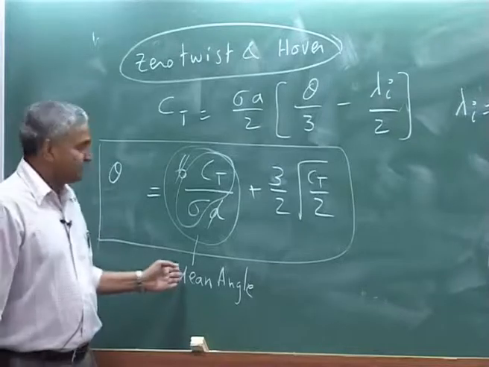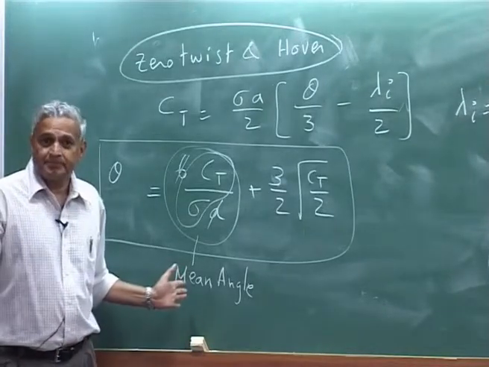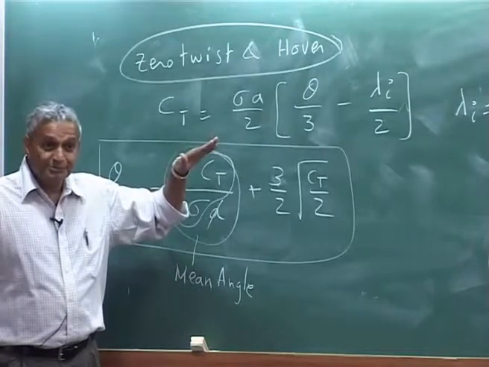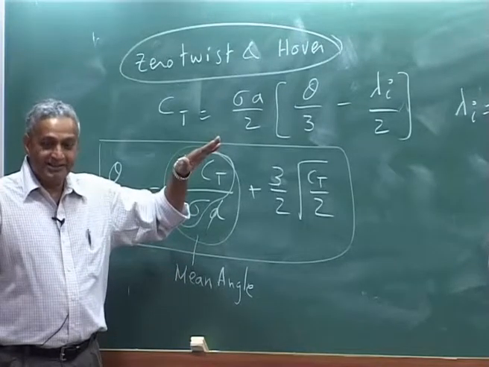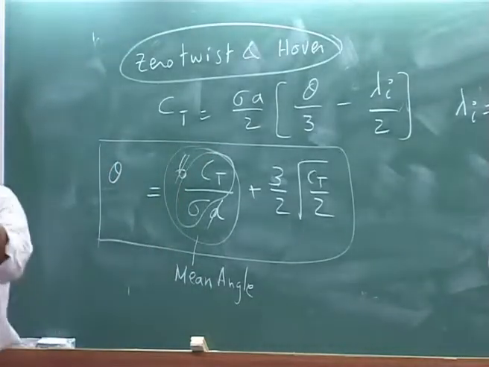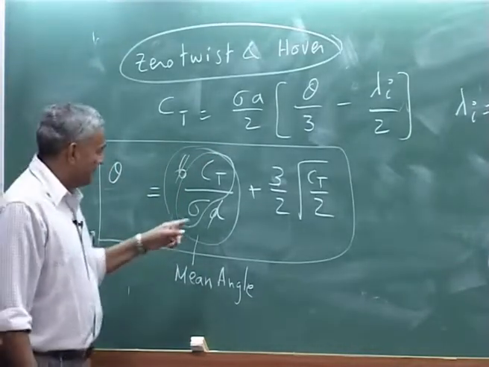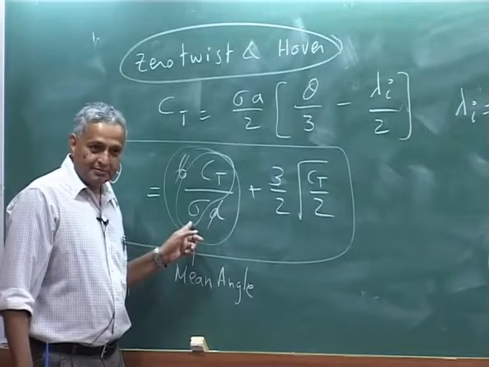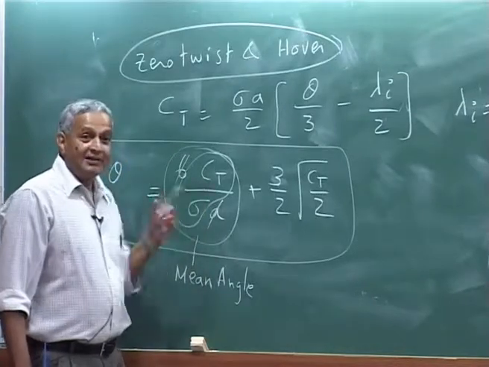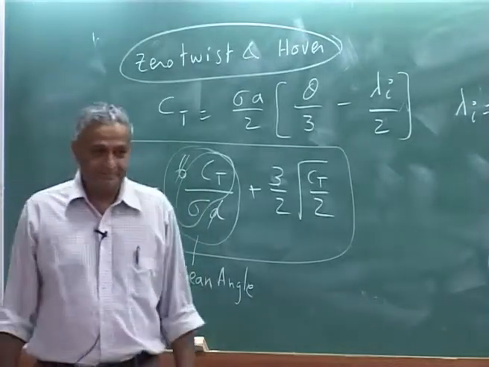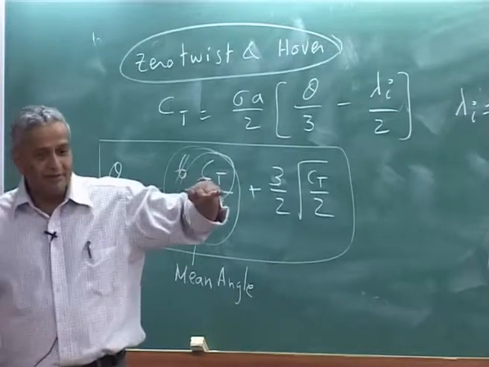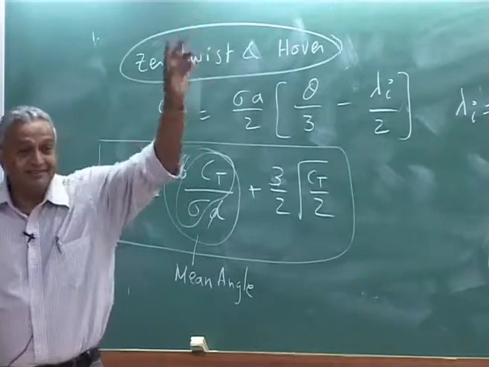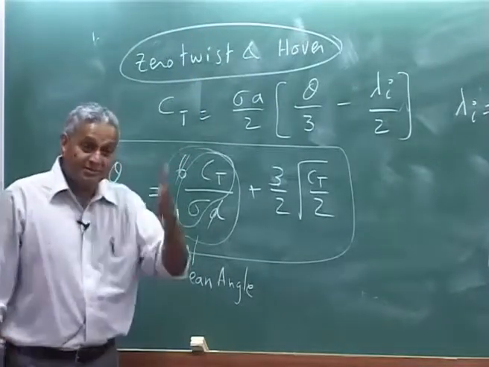Suppose this value becomes 15 degrees for the aerofoil, then you are nearing stall of the blade. If I increase my solidity ratio, I reduce the angle for hover, that means my aerofoil is good, but if I reduce my solidity, I am actually increasing my angle of operation, and you may stall.